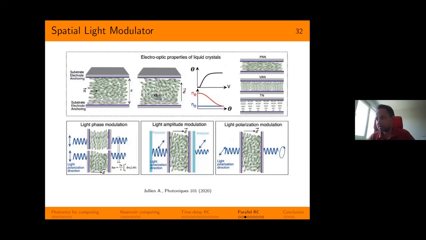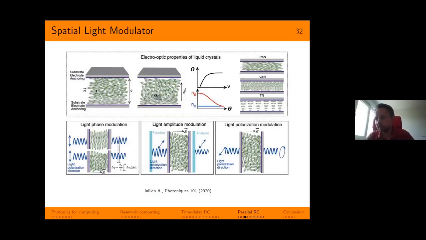If we apply an electric current, it induces a rotation in the liquid crystals, which changes the refractive index of the medium, and therefore it changes the polarization of the light. Such a simple device allows us to modulate the phase, the amplitude, and the polarization depending on the design of the SLM and also the surrounding optics, so what we put in front of or after the SLM.